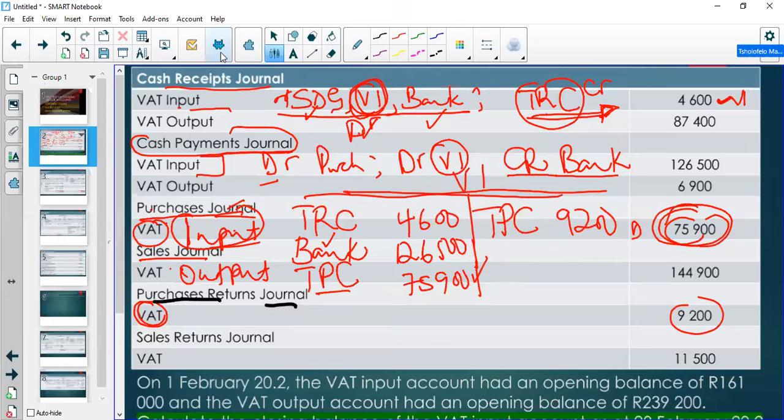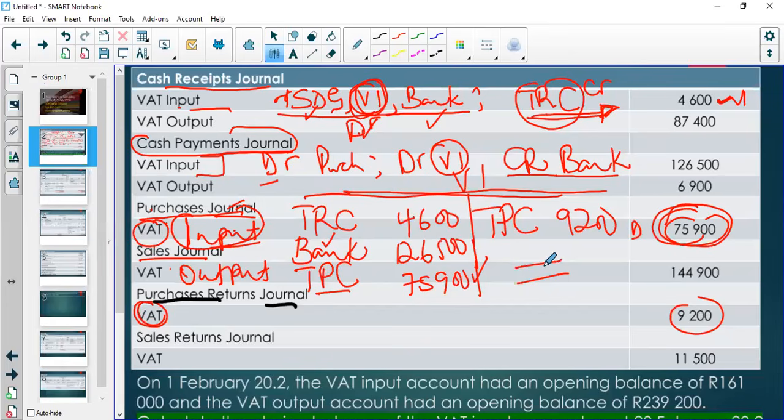Right. So eventually, that's how we get to record this information in the VAT input or VAT output.